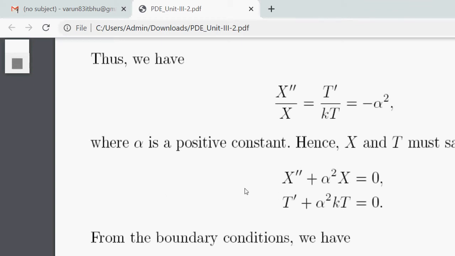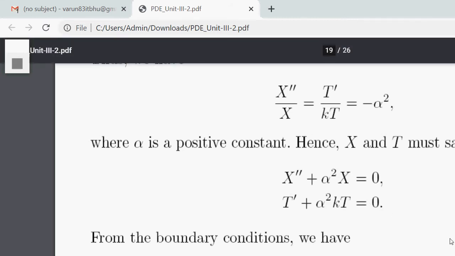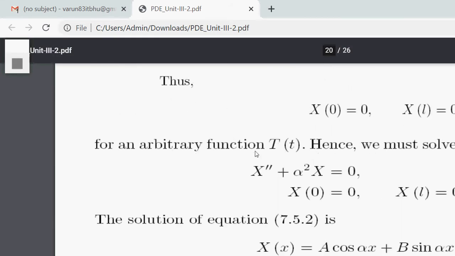Similarly, if we put x is equal to L, then we get X(L) T(t) is equal to 0. You know u(x,t) is a non-zero solution, so T(t) is non-zero, so X(L) is equal to 0. Thus the boundary conditions are X(0) is 0 and X(L) is equal to 0.